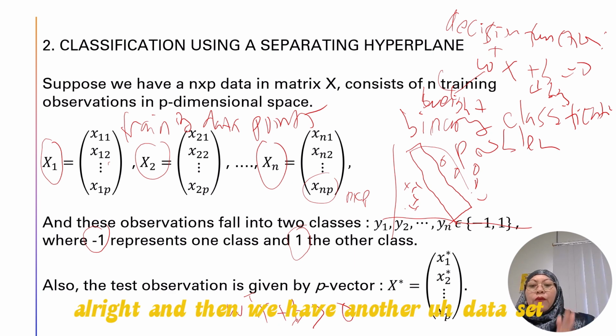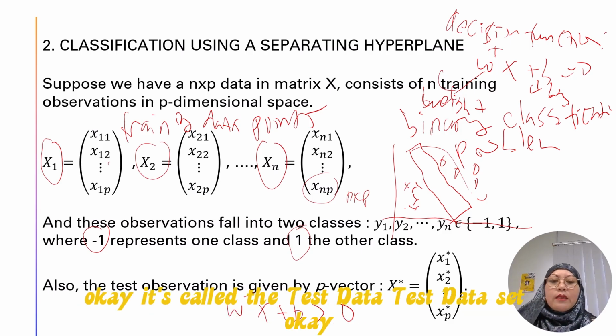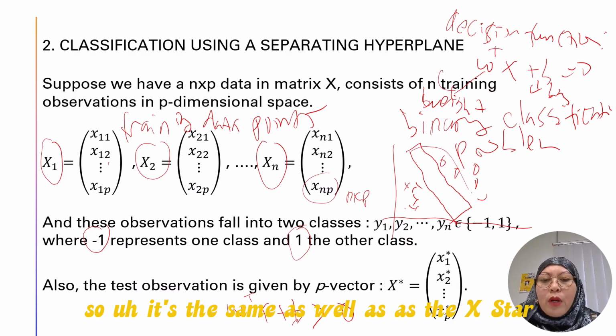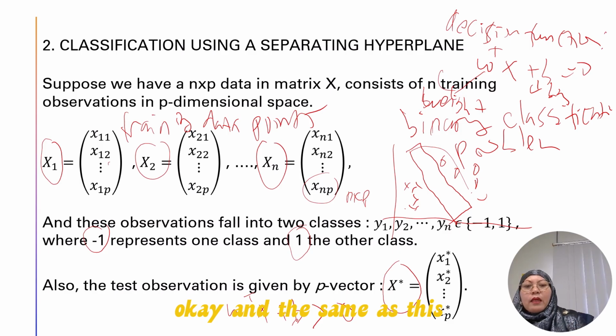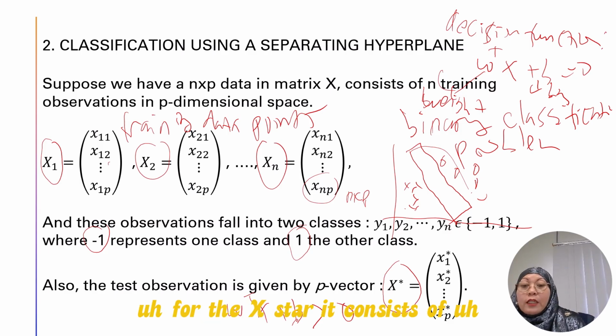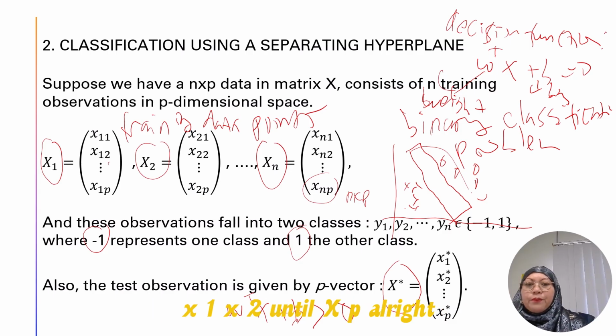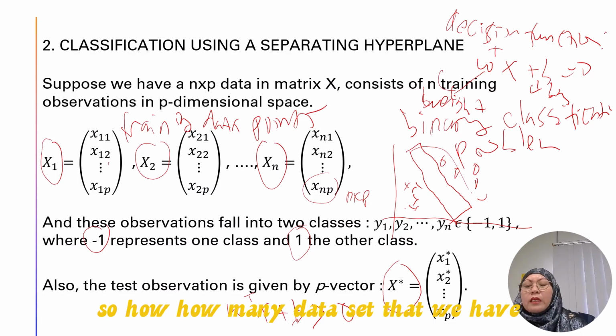And then we have another data set called the test data set, which is symbolized as x star, and the same as this, x star consists of x1, x2 until xp.